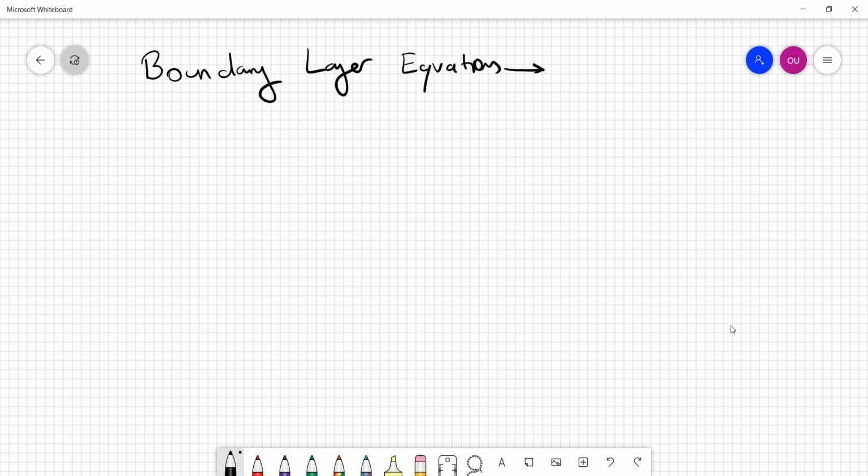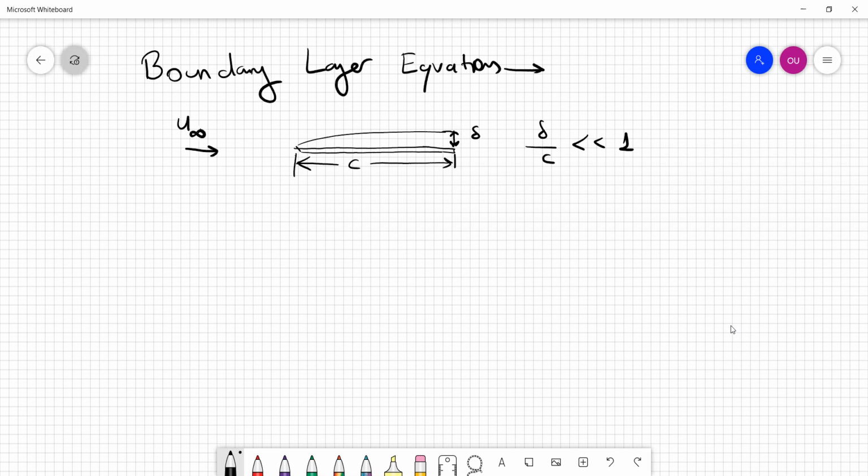However, as we discussed yesterday, the boundary layer thickness, the highest level that you can reach at the end of this flat plate, compared to its characteristic length, like the chord, so delta over c, is generally a very small number. So delta is generally much smaller than the chord. In this case, the governing equations do get simplified.